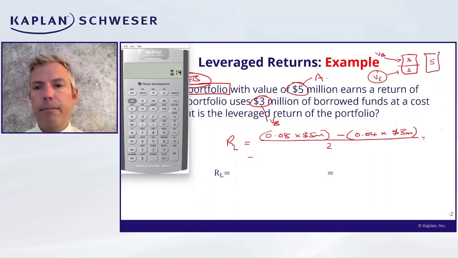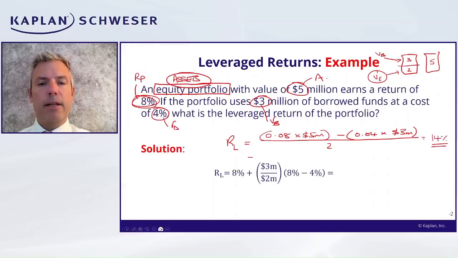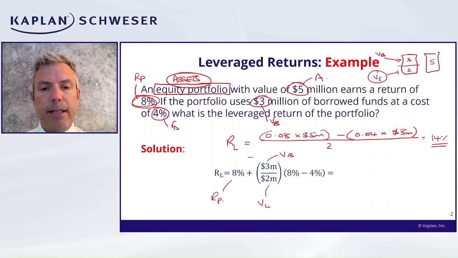So we get 14%. Now, if you apply the formula, which is a little bit arcane, you'll get 14%. If you take your RP and scale it up by the value of the borrowings relative to the value of equity, and you look at how much your portfolio has beaten your cost of debt, then you will get 14.